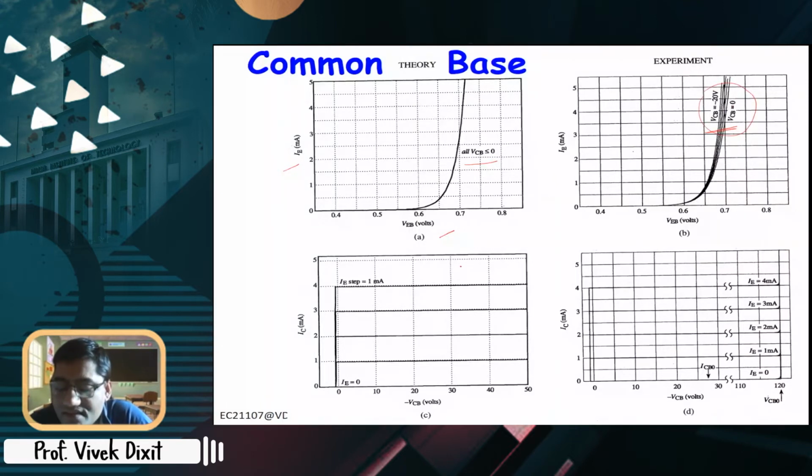And what is the effect? The emitter current actually increases with the reverse bias of base collector. So that means, of course, this influence is minimal, very small, but you can see the effect here, and it does play a role.